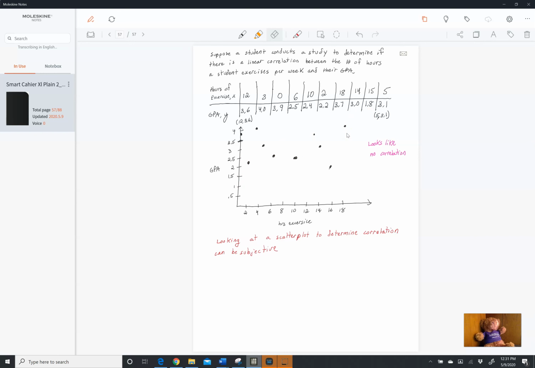It's a very, very weak relationship. Okay, so we look at the correlation coefficient. So the type would be positive or negative.